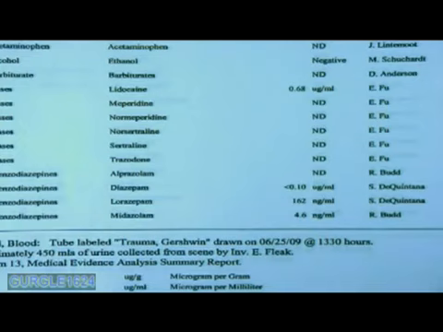The next 2 actually belong together as well. The sertraline, also known as Zoloft, which is a trade name, an antidepressant, as well as its metabolite, norsertraline. They were both not detected, again, by criminalist Fu. All right.